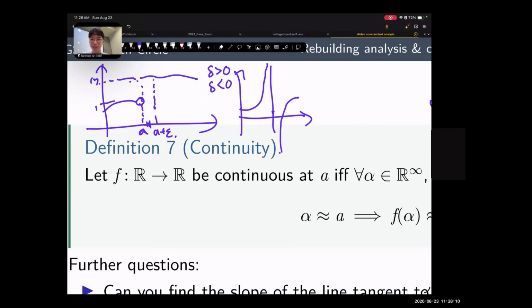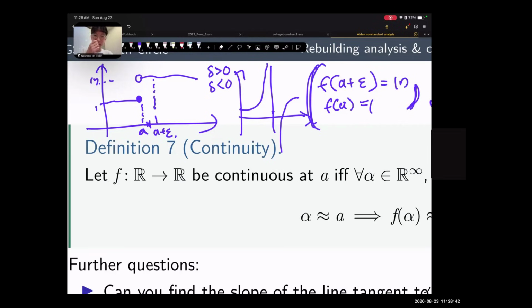If we plug in A plus epsilon, where epsilon is positive, it's going to give us 17. If we plug in A, what do we get? What's the value we get for f of A? 1, yeah. But this is a huge jump. If we moved really, really small in the x portion, we should also get a really, really small change in the y direction. So according to our definition, this cannot be continuous at point A.